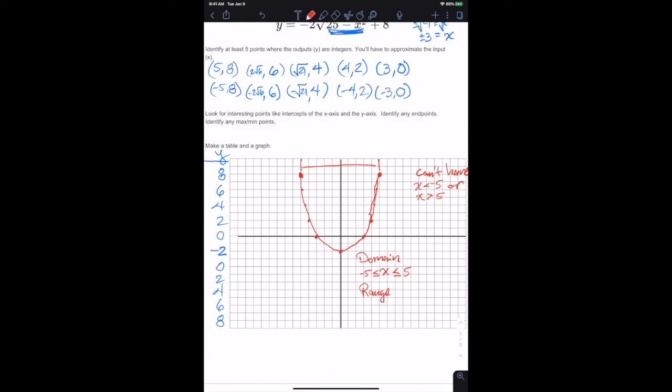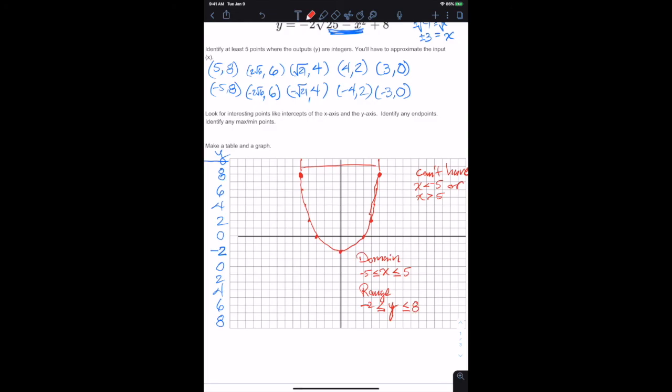Do we get any lower than -2 ever? No. So -2 is less than or equal to y, because we equaled -2 when we let x be 0. Then we also are less than or equal to, the highest point we reach is a height of 8. And so there's our range.